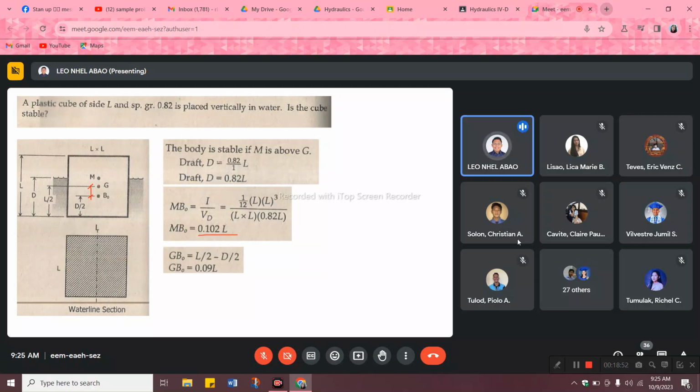This gives GBO as 0.09 L. Upon inspection, MBO is greater than GBO, therefore we can say that the body is stable. Any questions, class, so far?